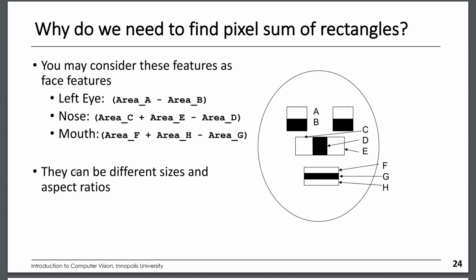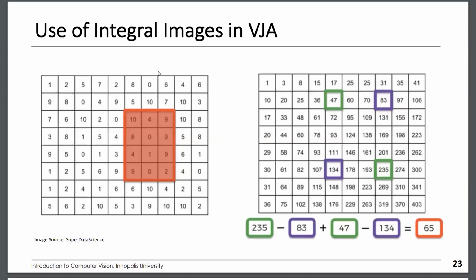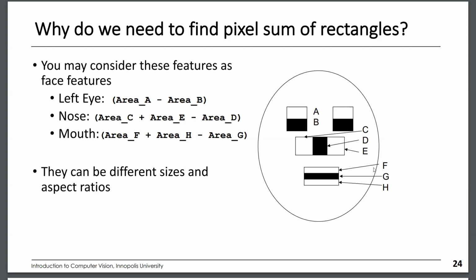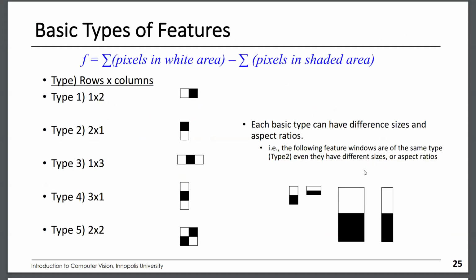And since they can be of different sizes and different aspect ratios, instead of repeating the sum at every single pixel, now you are repeating only this simple operation at every single pixel. So it's still a lot of calculations, but it's a much faster calculation.